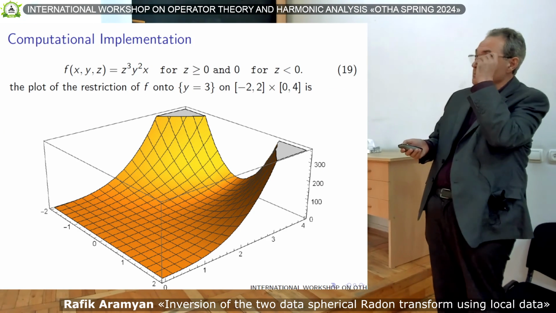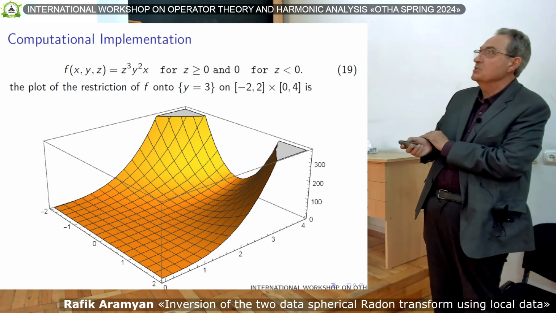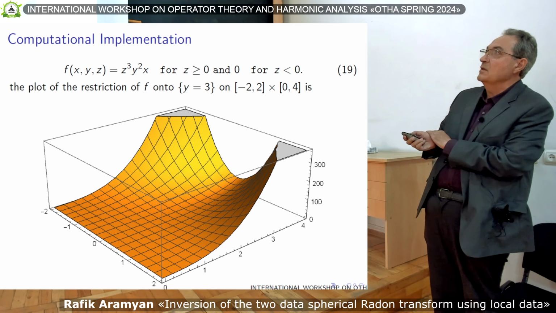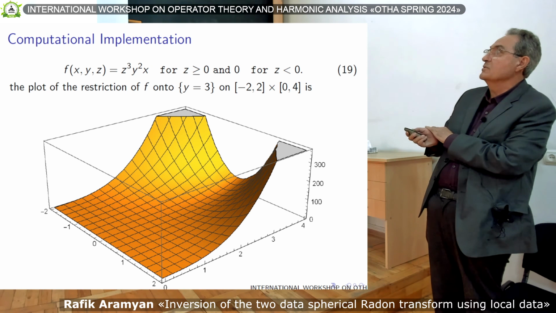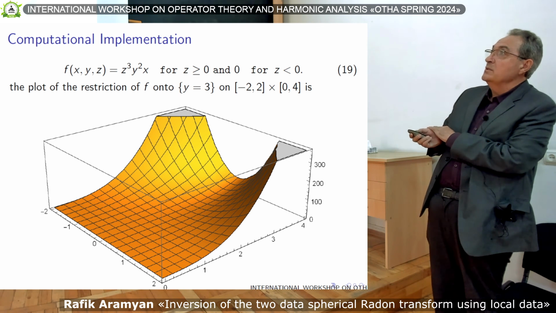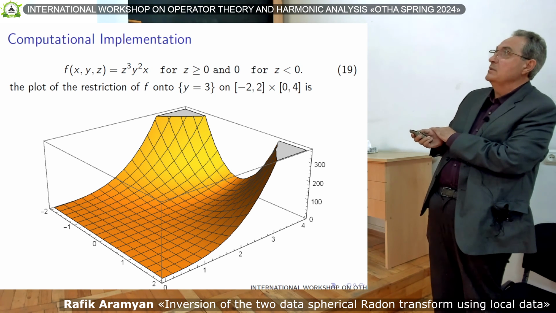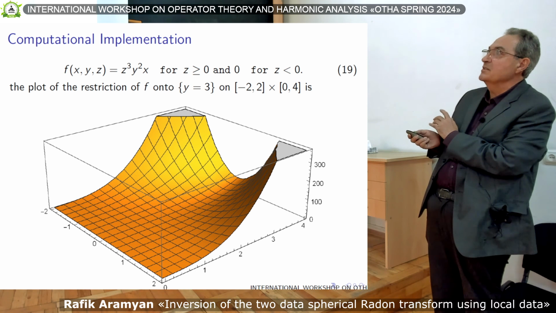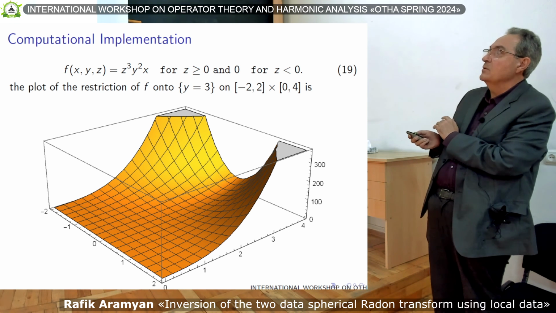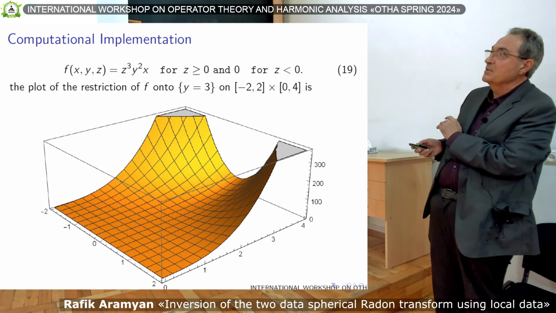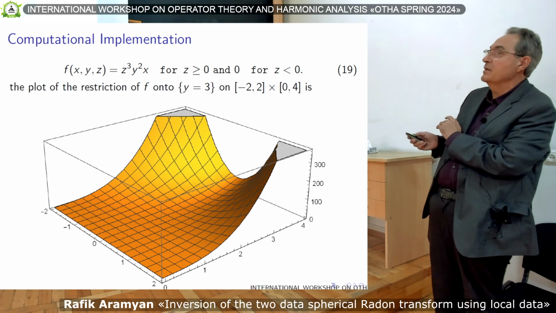Also, I have some computational implementation. We consider the function for z greater than 0, and you see the plot of the function. The restriction of the function, because it's a function of three variables, onto the plane: you see the plot of the restriction of the function on the rectangle.